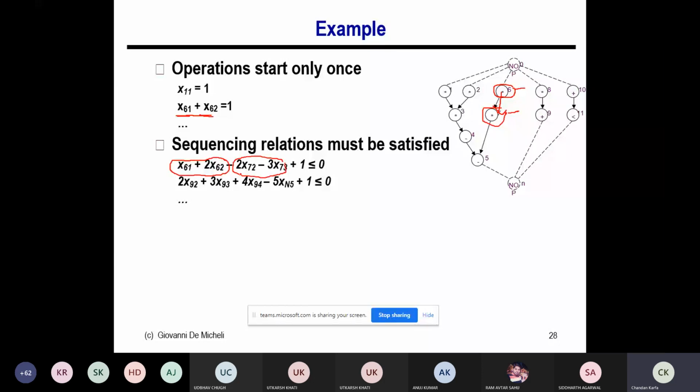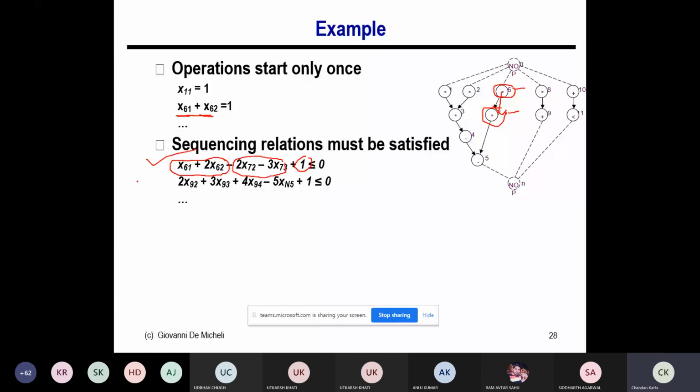Similarly, if it starts at time step 3, then x73 will be 1, so I'm just multiplying that with 3, right? So the possible start time of 7 minus the possible start time of 6 should satisfy the dependency, or the execution time of 6, which is 1. So these two start times should satisfy the execution time of operation 6. So this is what this equation is all about.